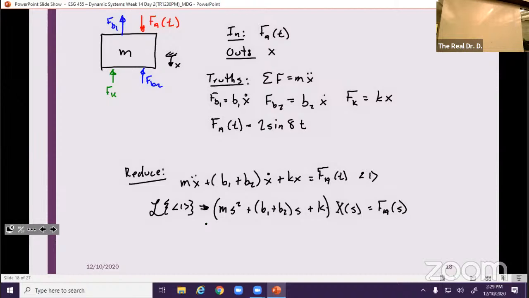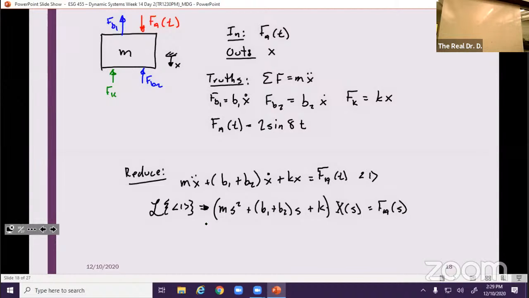I do my reduction, put the whole thing together, and take the Laplace transform with 0 initial conditions, because I'm going for the transfer function.